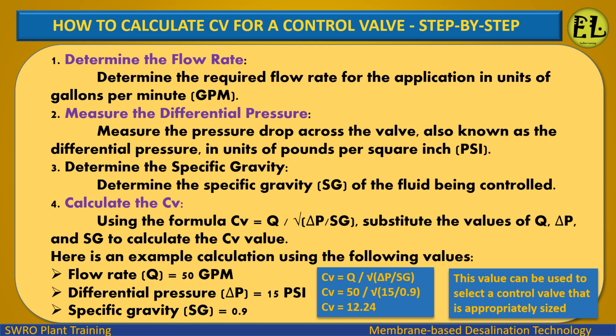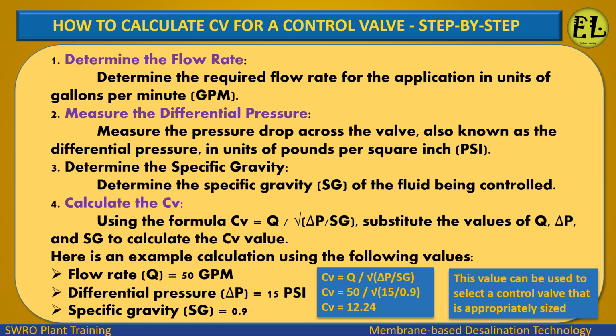To calculate the CV, use the formula CV equals Q over the square root of delta P over SG, and substitute the values of Q, delta P, and SG to calculate the CV value. Here is an example calculation using the following values.